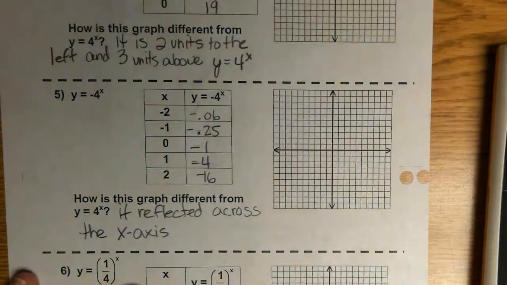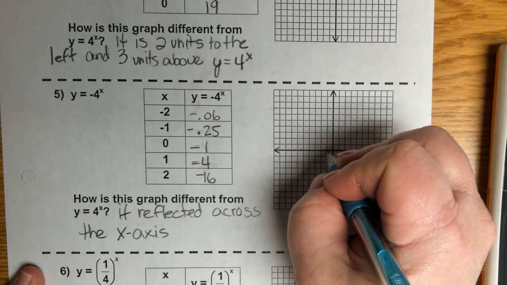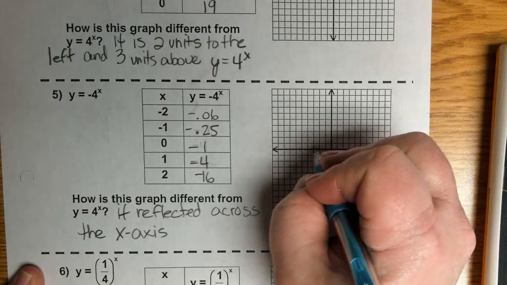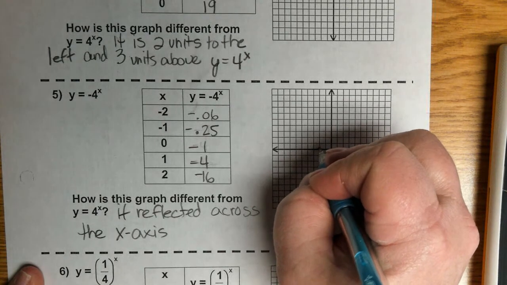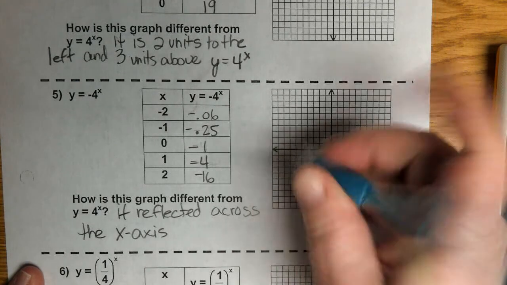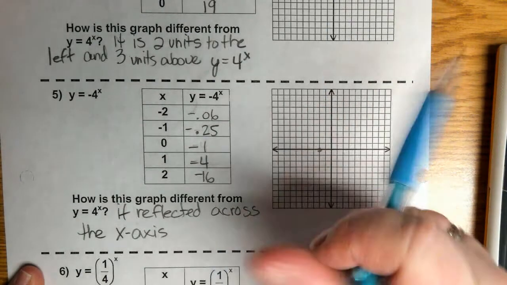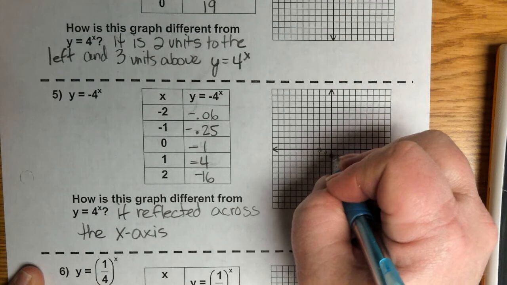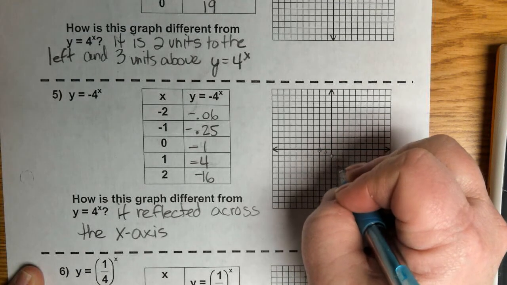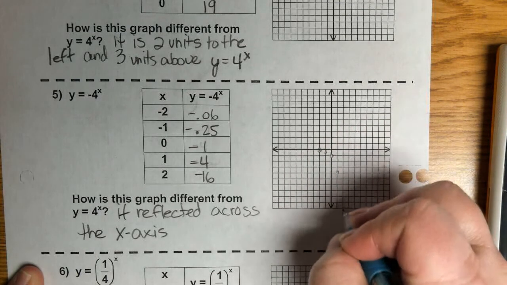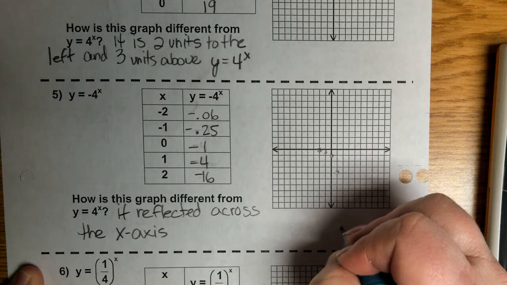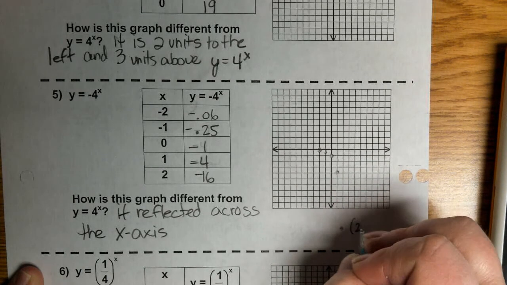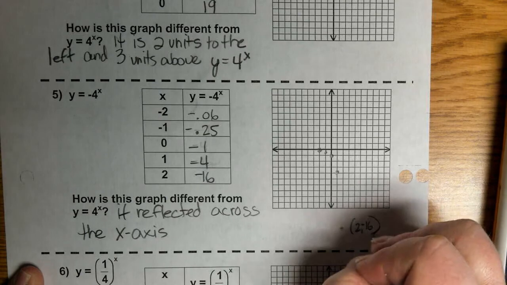Okay, and we can come over here and graph it, and it's on the negative side, and then we've got -1, -4, and then -16, which is 2, negative 16.